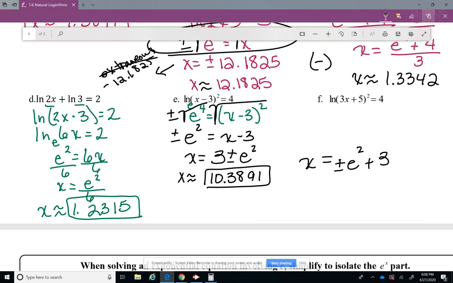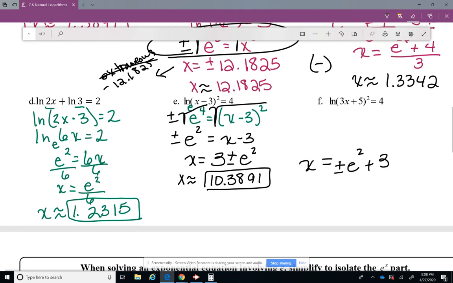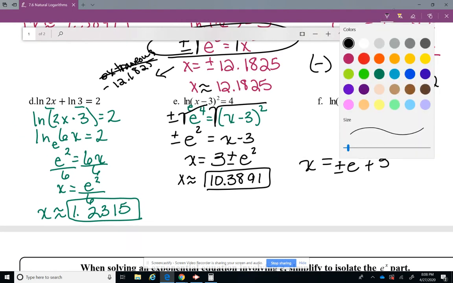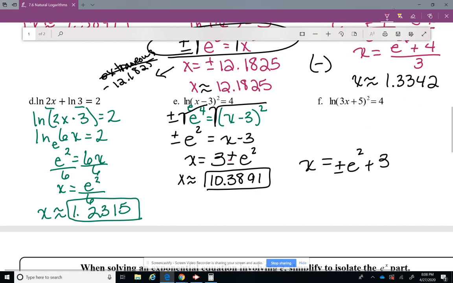Let's see if it will let me erase. It won't let me erase. Okay, that's all right. We use the plus sign. Now, clear out your calculator. Go and punch this little sign right here, okay? Put that sign, put second e squared, press the equals button, and put plus 3, and tell me what you get.